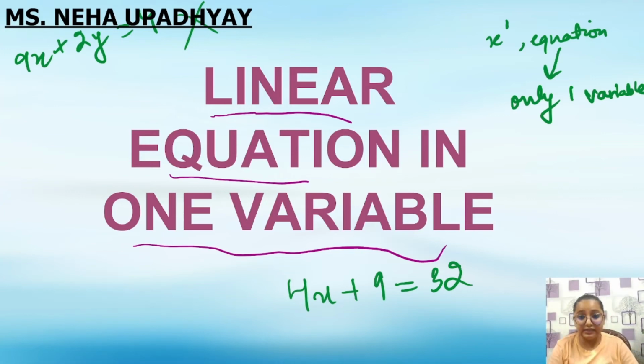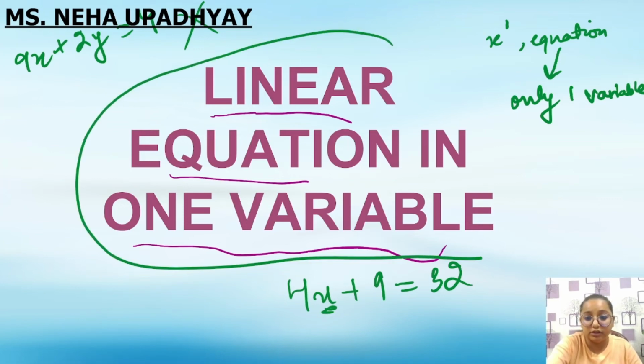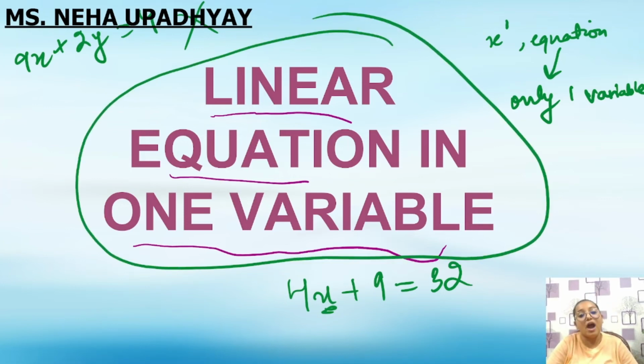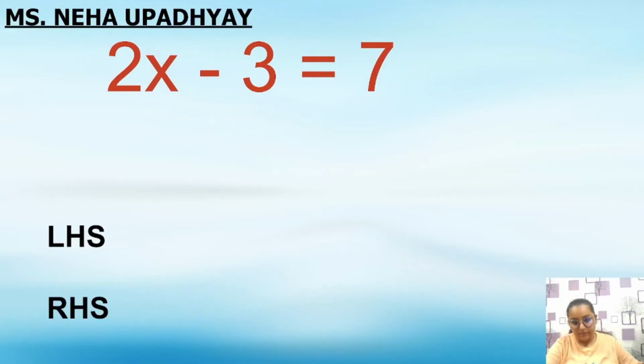Yes, this is a linear equation in one variable because we have only one variable, that is x. So the name of the chapter, linear equation in one variable, is clear to all my students. Now if you still have doubt in this concept, please ask if any.